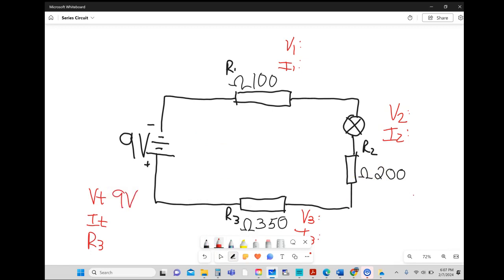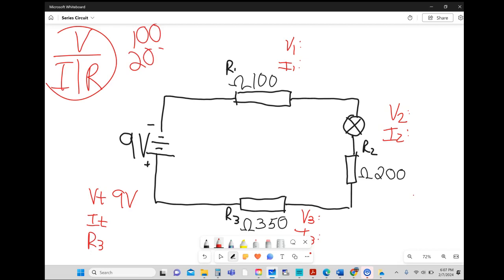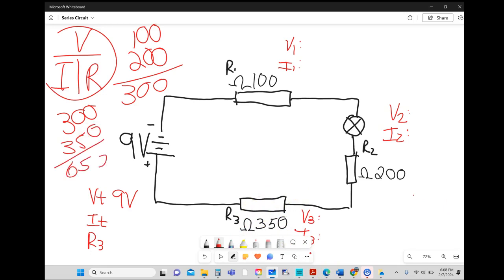Remember that rule? So that rule states what? We just add up the resistors, right? So that's 100 plus 200 is 300. 300 plus 350 is 650.